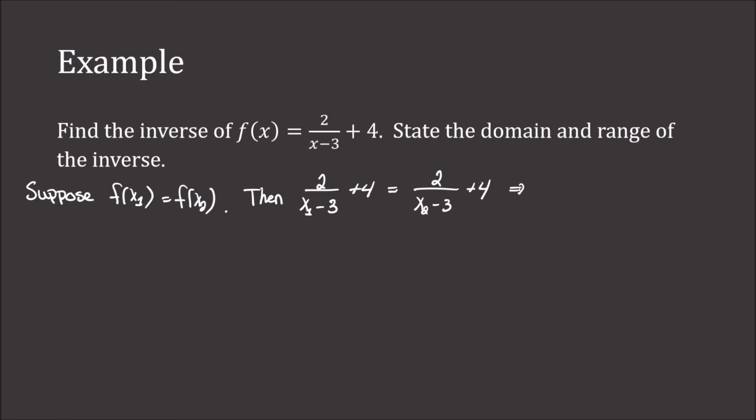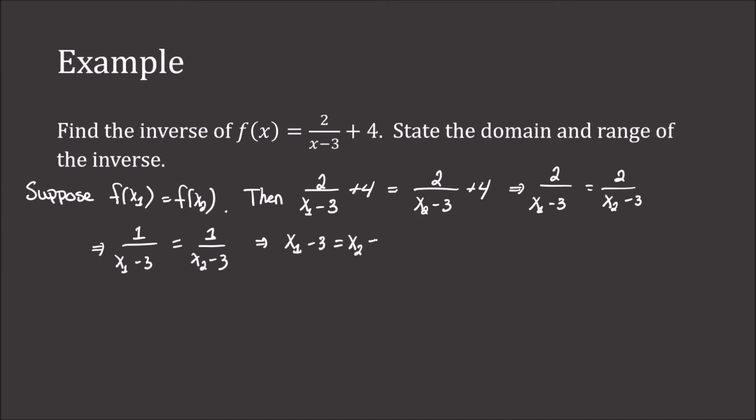If we subtract 4 from both sides, we see that 2 over x1 minus 3 is equal to 2 over x2 minus 3. Dividing by 2, we find that 1 over x1 minus 3 has to equal 1 over x2 minus 3, which of course means that x1 minus 3 has to equal x2 minus 3, which means that x1 has to equal x2, and so therefore this function is 1-to-1.